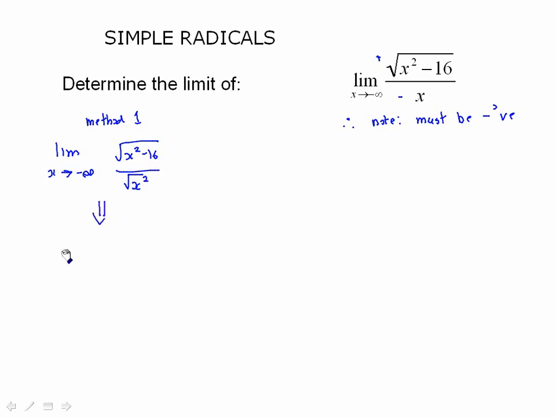So you express the non-radical term as a radical. And then they write it as a single radical, which is x squared minus 16 over x squared. And then you actually have choices.